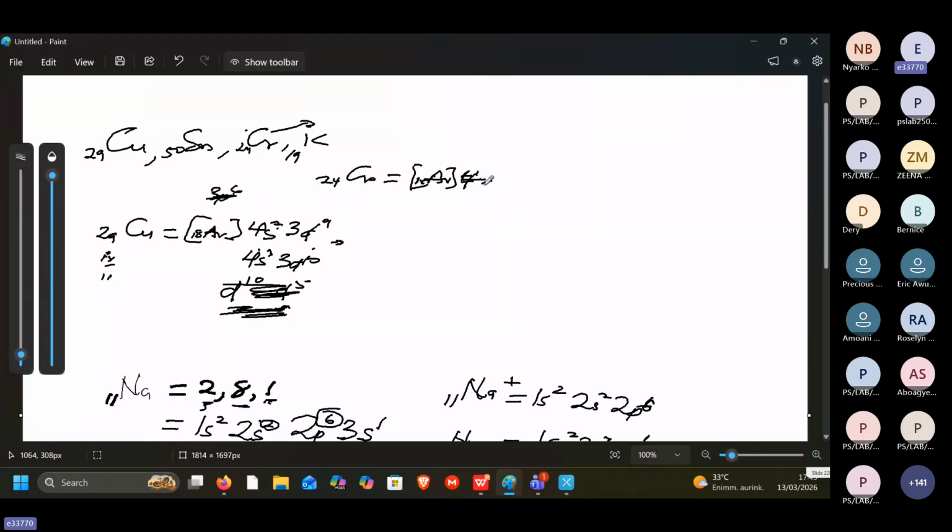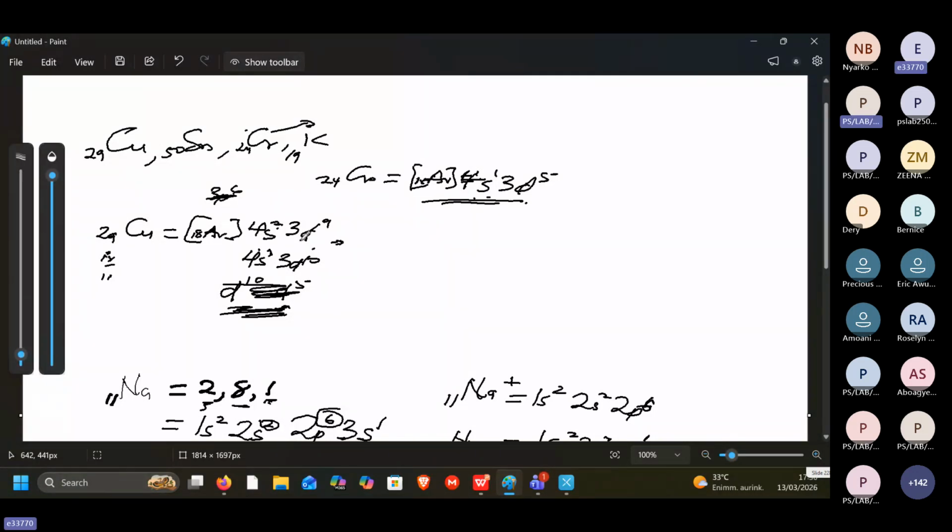So this is 4s1, 3d5, not 4s2, 3d4. So this is also deviating. If you take the periodic table, the chromium group and the copper group will be deviating when writing the electronic configuration. You have to partially fill or fully fill the d orbital before you fill the s. Otherwise, the rest follows the normal order.